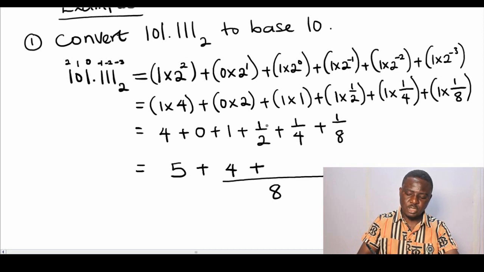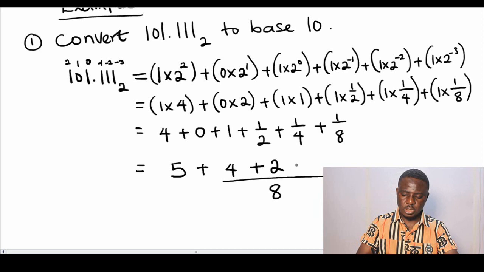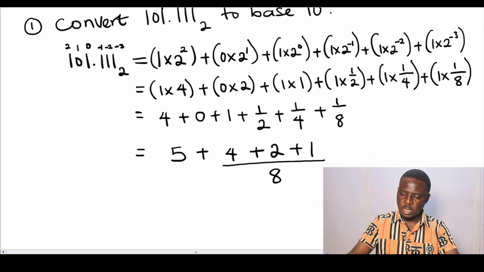Plus, I have gotten the new numerator for the first fraction, half, because 4 over 8 is still the same thing as half. I'll do the same for the second fraction: 8 divided by 4 is 2, and 2 times 1 is 2. Plus, do the same for the last: 8 into 8 is 1, and 1 times 1 is 1.